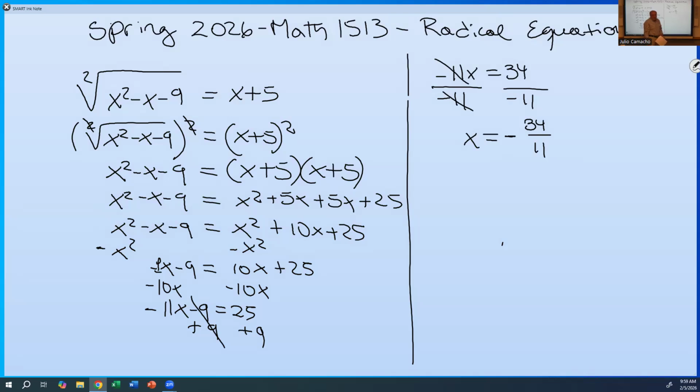What will the answer be in decimal? Negative 3.09. Now, 34 divided by negative 11 is the same. If you divide 34 by 11 first and put the negative in front, it doesn't matter where the negative goes. The answer will be negative either way.